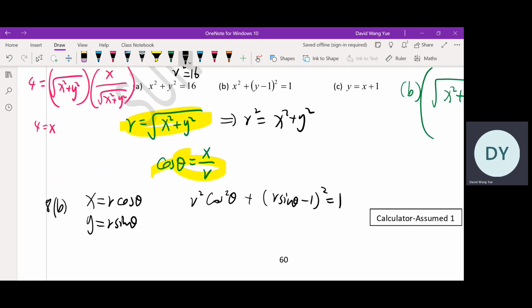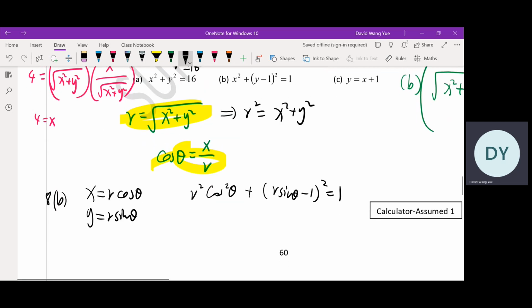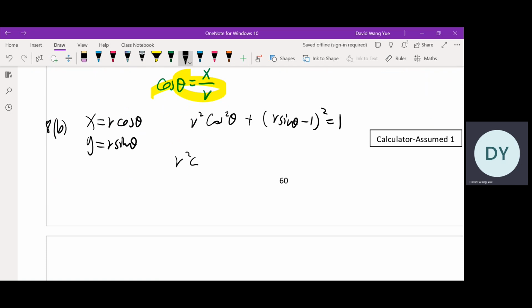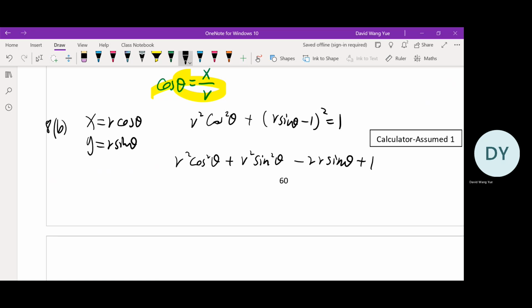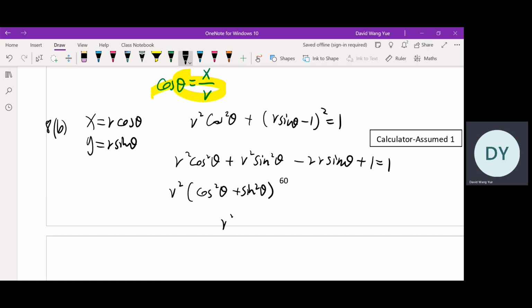Okay, let's see whether we can simplify this or not. So we just expand them. r squared times (cosine squared plus sine squared). You should know the trigonometric identity: cosine squared plus sine squared equals 1.